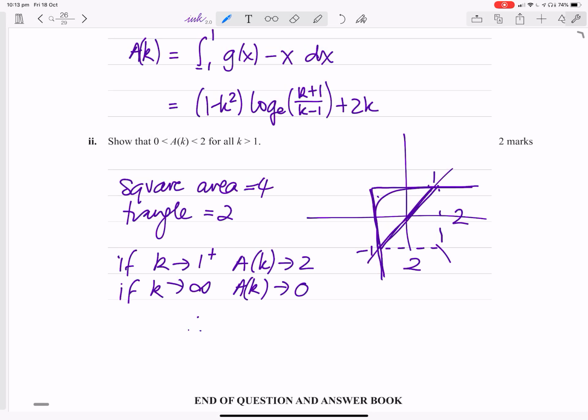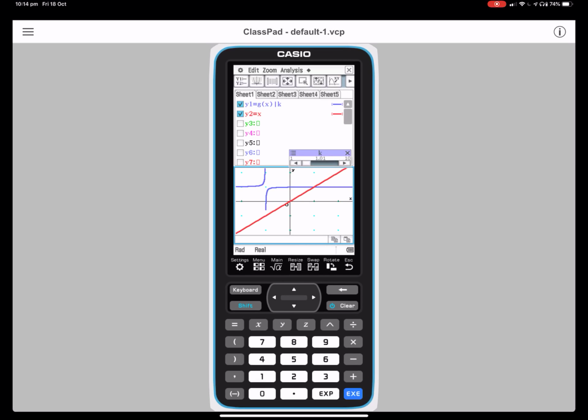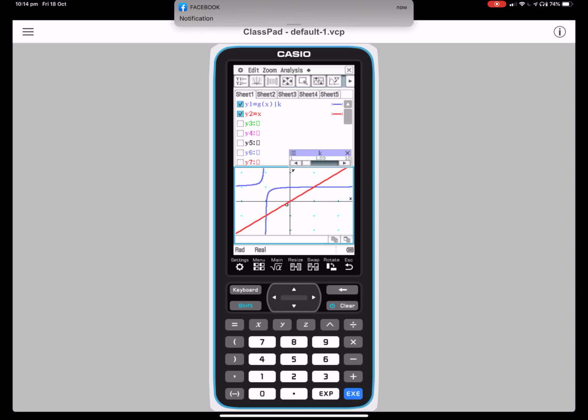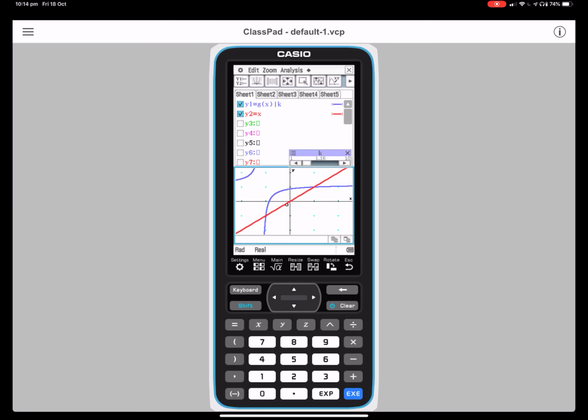So therefore, if k is greater than 1, 0 is less than A of k, which is less than 2. Does that make sense? As k goes to 1, that approaches 2. And as k goes to infinity, the area approaches 0, but it never actually gets to 0.